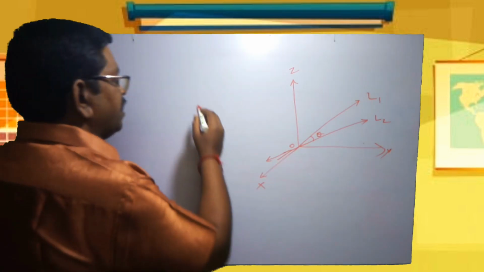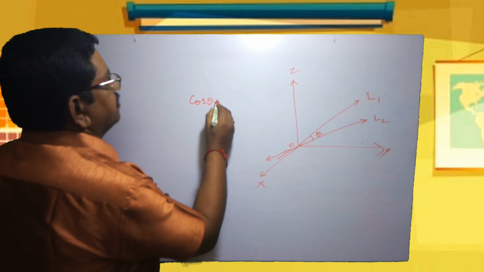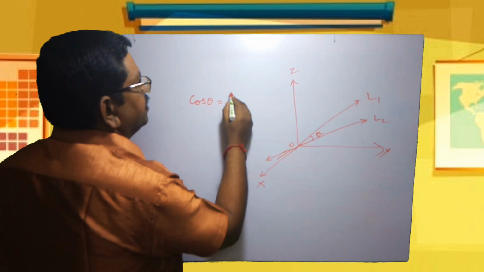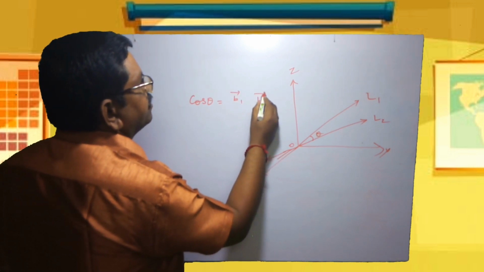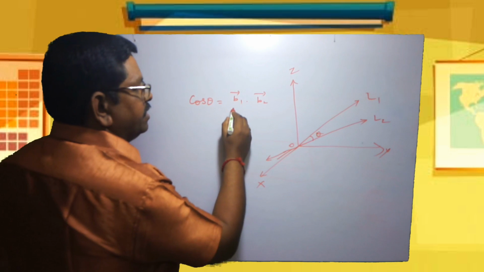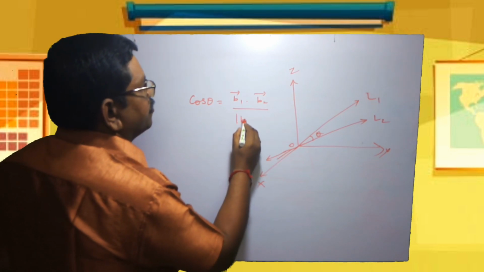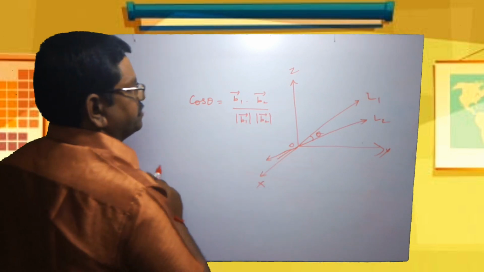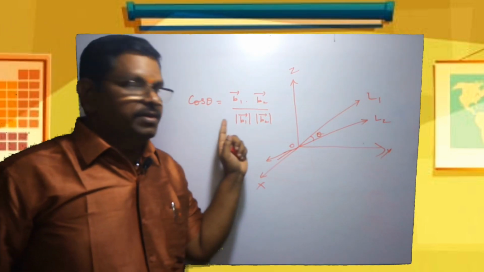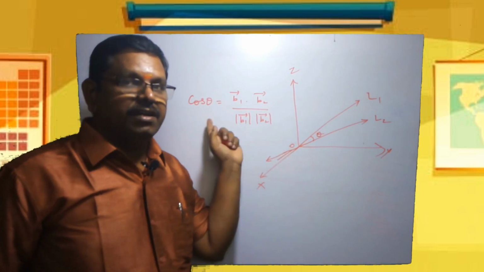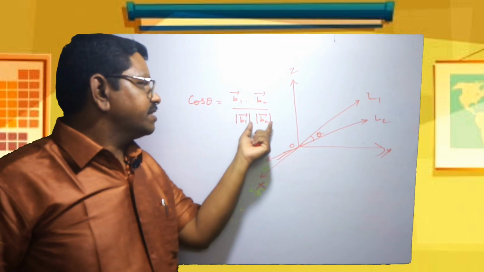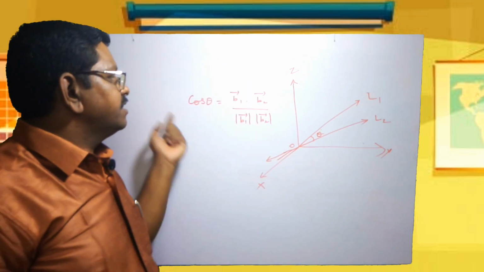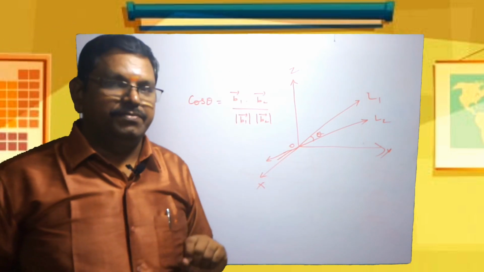So we use the formula cos theta is equal to, where the two vectors are b1 vector and b2 vector, find their dot product, divided by the product of the modulus values of each vector. That means cos theta is equal to b1 vector dot b2 vector divided by modulus of b1 vector into modulus of b2 vector. This is a general formula for finding the angle between two straight lines.